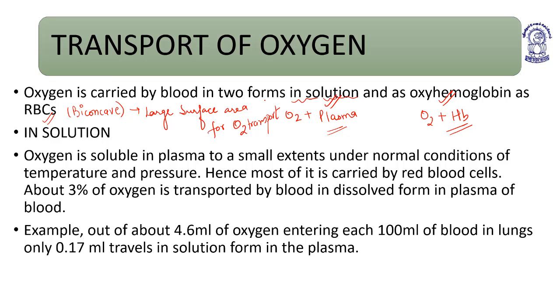As you know, mature RBCs are enucleated. They don't have a nucleus because having a nucleus would become a problem in transporting the maximum amount of O2, as the nucleus would occupy the whole space. That is why the mature RBC is enucleated.